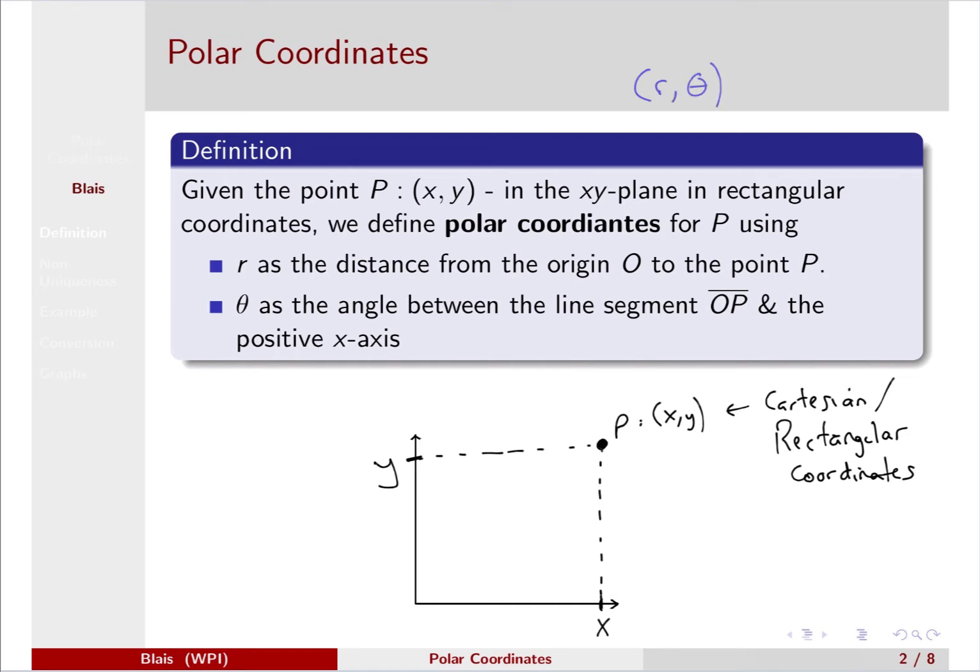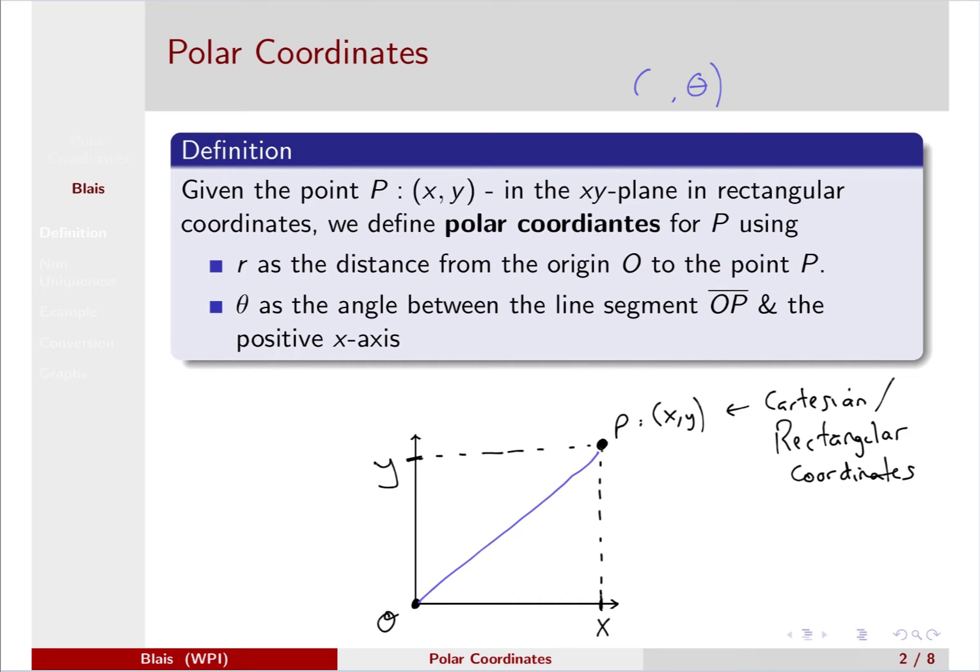And the way we set this up is first we label the origin as the point O, and then we think about connecting the origin to the point P. And we're going to use this connecting line segment and the origin to define an alternate coordinate system for this point P. So the first thing we define is r.